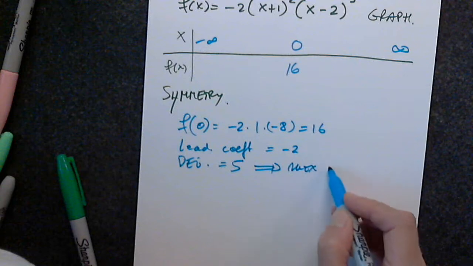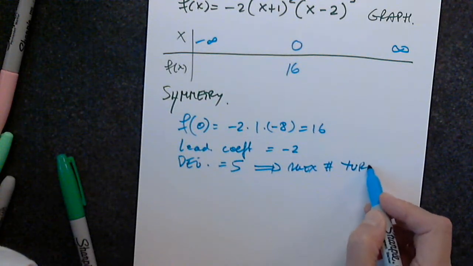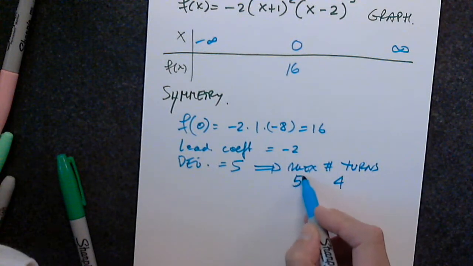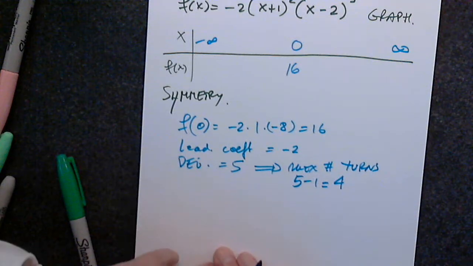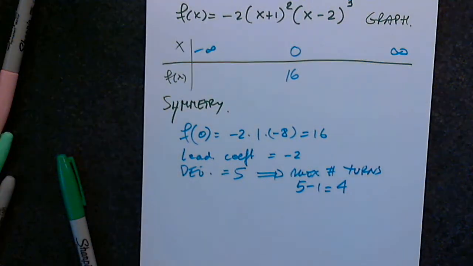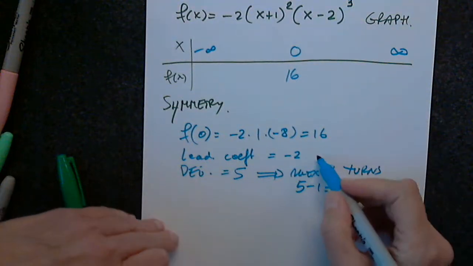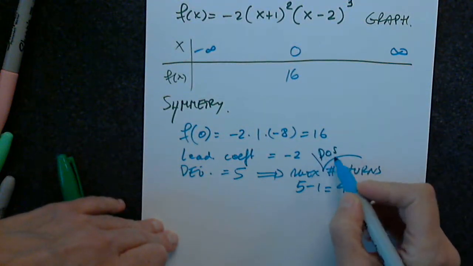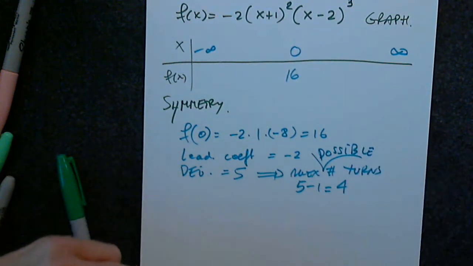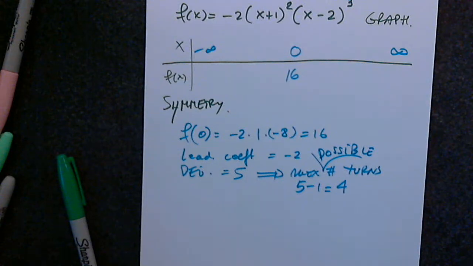Max possible number of turns: 4, which is 5 minus 1, the degree minus 1. It doesn't mean that the function has to turn 4 times. But it clearly means it cannot turn more than 4. It's only the max possible number of turns.